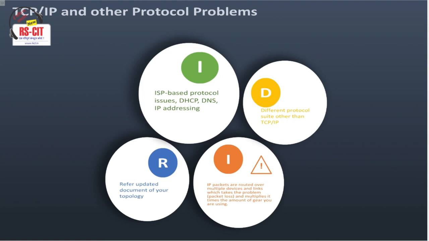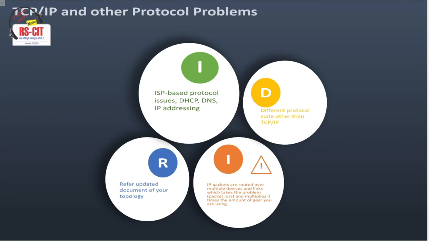You can solve most of your TCP/IP related problems by having an updated document of your topology, even if it is a few systems. Being able to view a graphic is extremely helpful when trying to resolve a network issue or to quickly add a new host to your network without causing an issue.